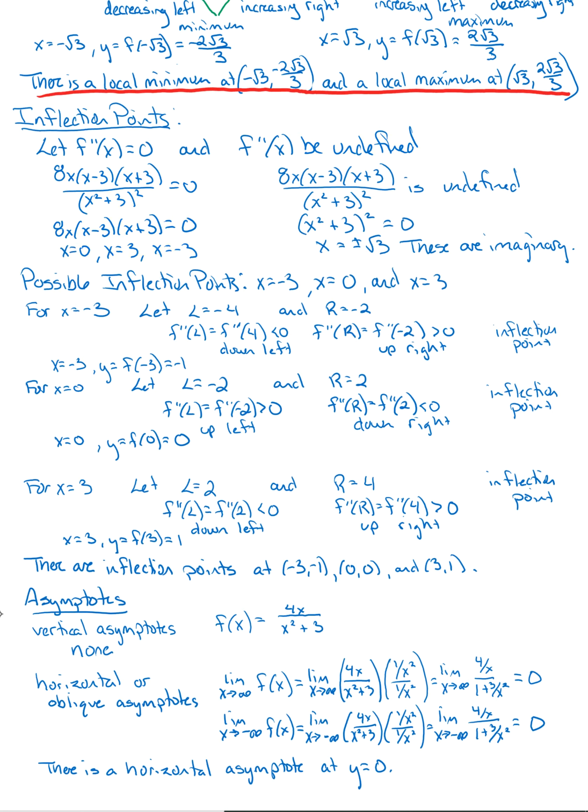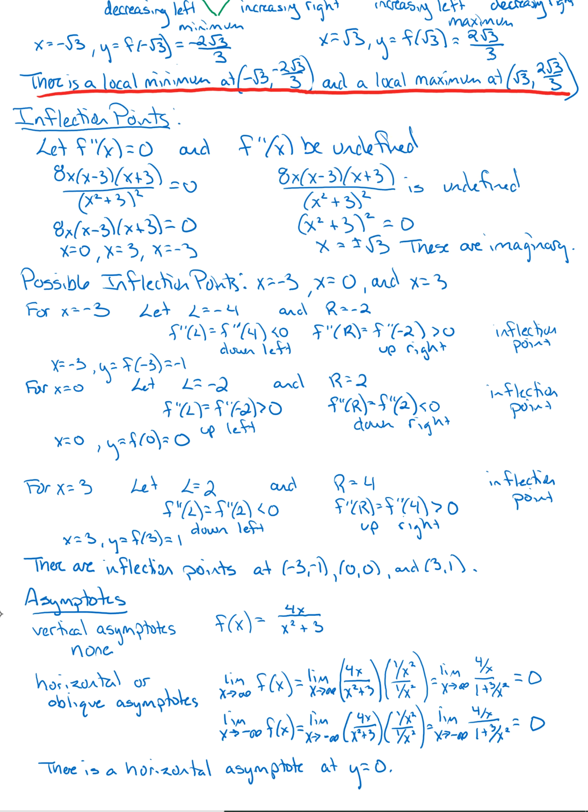We also need to remember to determine when that second derivative is undefined. Well, this again is a rational expression. It is undefined when its denominator is equal to 0. If we solve this using a little bit of algebra, we get, oops, there should be an i on that one.